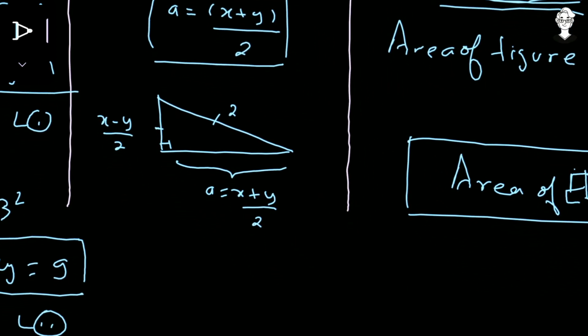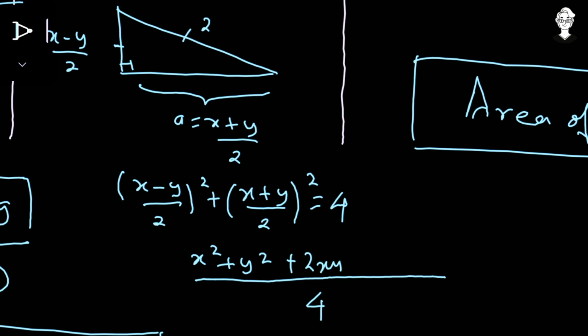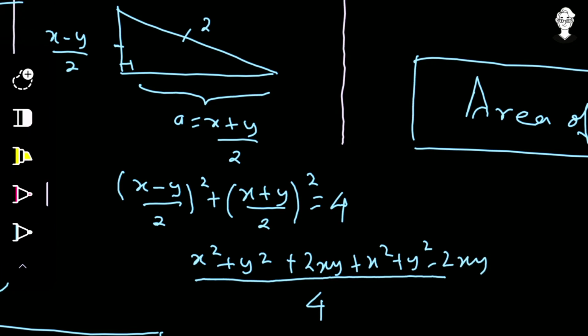Now we can apply the Pythagoras theorem. So we get ((x minus y) by 2) the whole squared plus ((x plus y) upon 2) the whole squared, and that equals 2 squared, that is 4. So from here we get x squared plus y squared upon, taking a common LCM of 4 because 2 squared is 4, plus 2xy plus x squared plus y squared minus 2xy. So positive 2xy and negative 2xy cancel out. We have 2x squared and 2y squared.